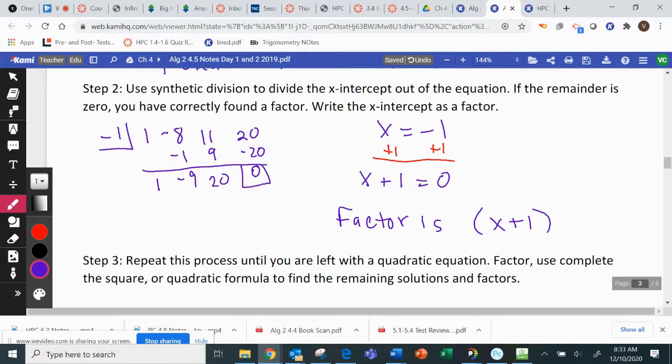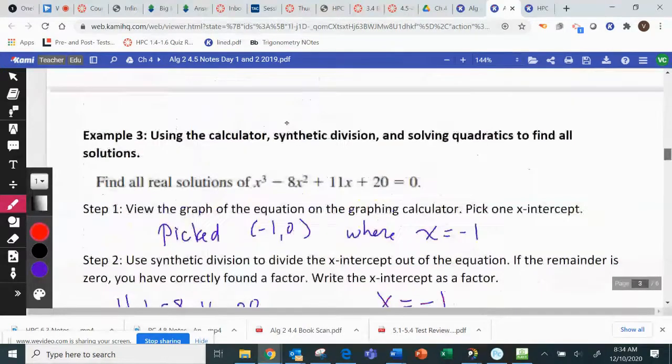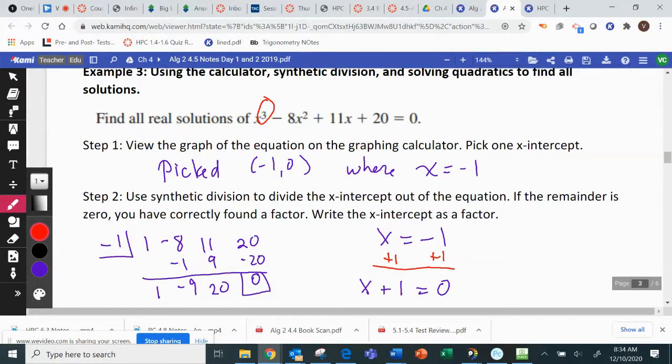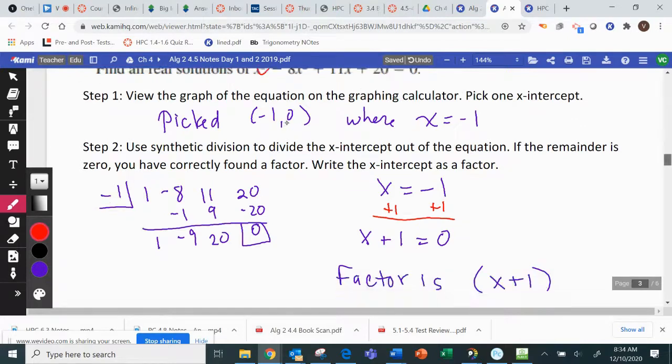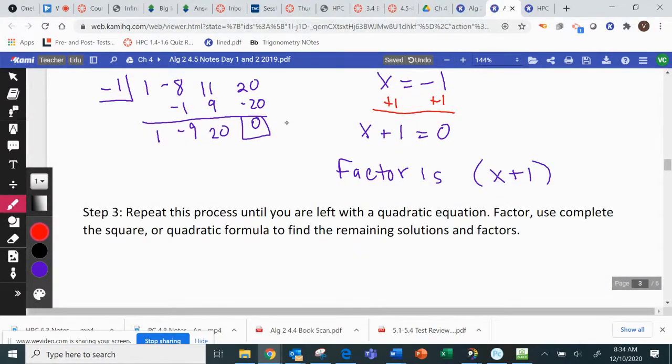We're going to repeat this process, but not for this example, until we're left with a quadratic equation. So at this point, when I had an original question that had a cubic in it, and we took out one x power, this should be left as an x squared.